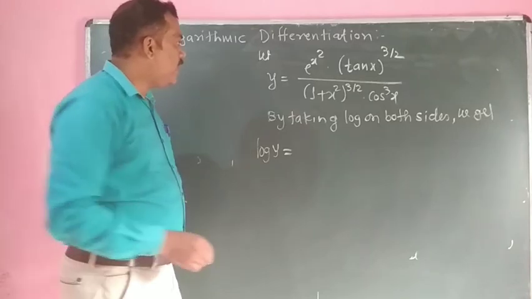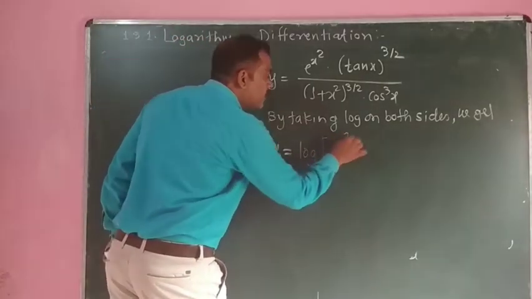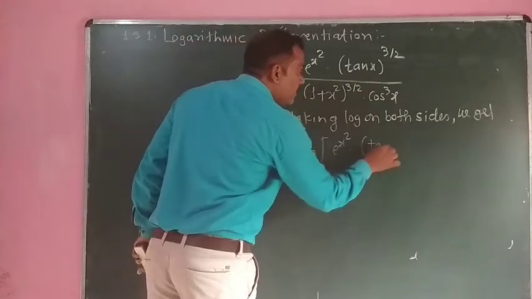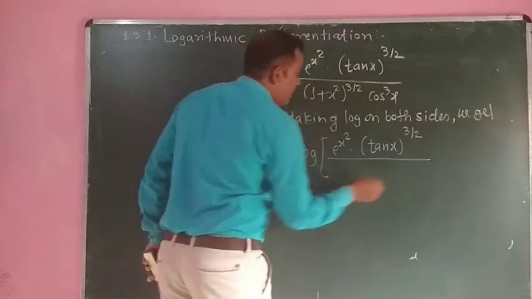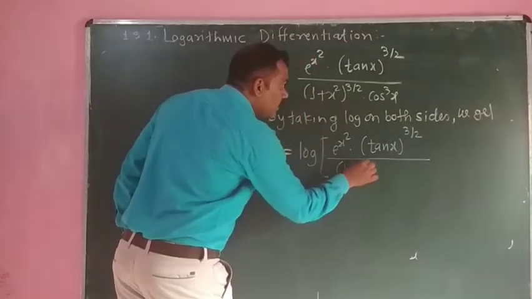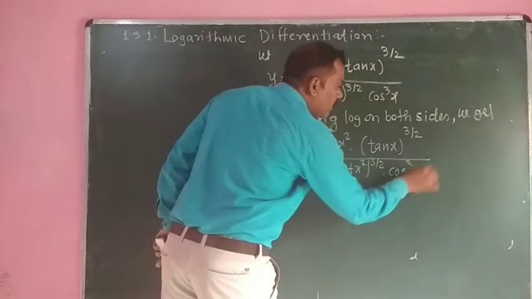So log of y is equal to log of e raised to x square into tan of x raised to 3 by 2, divided by (1 plus x square) raised to 3 by 2 into cos cube x.